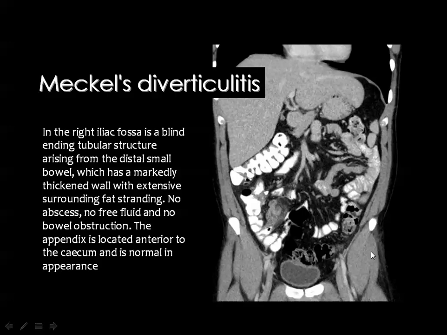This is a coronal reformatted CT image with oral and intravenous contrast media showing the site of a Meckel's diverticulum, which is inflamed. And you know the inflammation by the obliteration of the diverticulum lumen and the stranding or smudging of the peridiverticular fat planes.